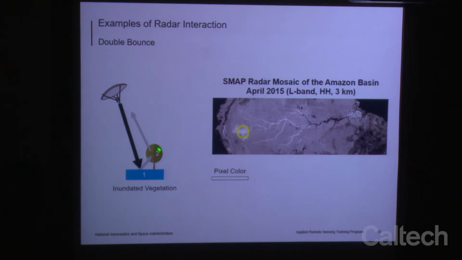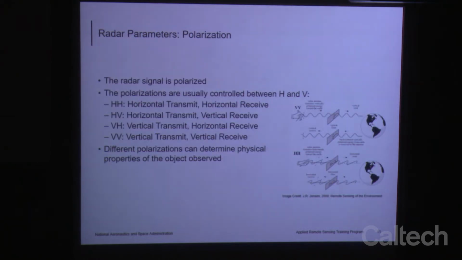This is that double bounce or dihedral reflection effect, and it can lead to a very pronounced dominant signature. So the ability to image things like inundation under vegetation, look at soil moisture and those sorts of things because of penetration through some of the overlying vegetation is really unique to radar and microwave in general.